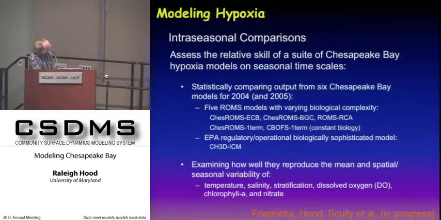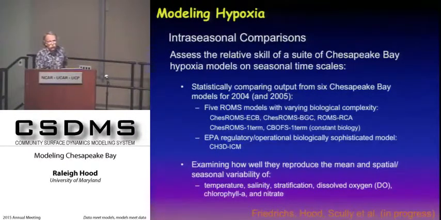And these 3 models are 3 full complicated biogeochemical models, but they're different. Some are more complicated than the others. And then we're using 2 different models, a ChesROMS 1 versus CBOS 1, that are running this real simple one-term model. We're also comparing this to the granddaddy EPA Chesapeake Bay biologically sophisticated model called CH3D-ICM.